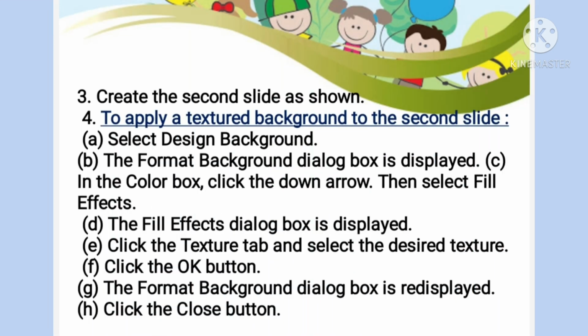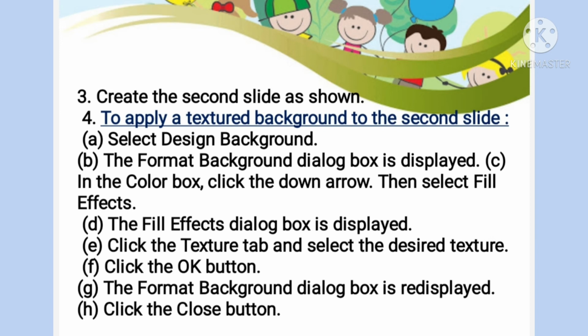Let us now create the second slide as given below. We have to create a textured background for the second slide. The steps which we have to follow are: A. Select the design background. B. The Format Background dialog box is displayed.